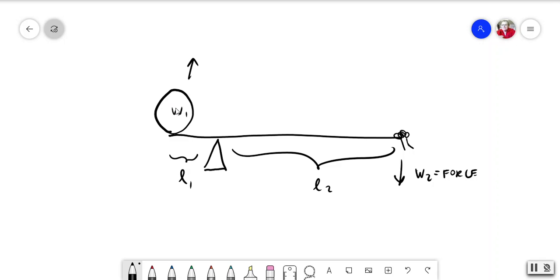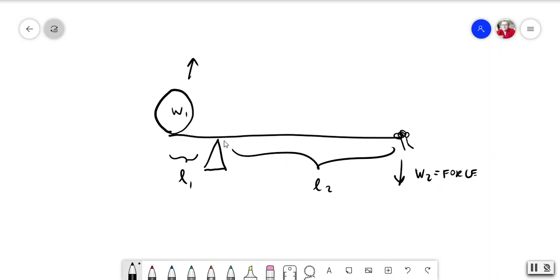But this length is very small, so a small thing times a big number is going to make a result that's smaller. Whereas this great long piece of lever, this long torque arm, multiplies my small force and makes it much bigger.